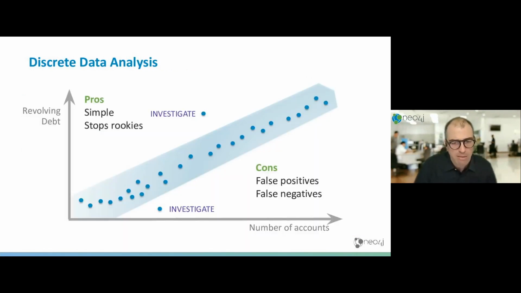And the way to think about that is to look at the difference between something we call discrete data analysis. If you apply it to the fraud use case, we have this band of transactions or people or whatever that are fitting a normality profile, some kind of standard profile of a transaction, of a person, of a car, whatever you're analyzing, and it fits the bill.